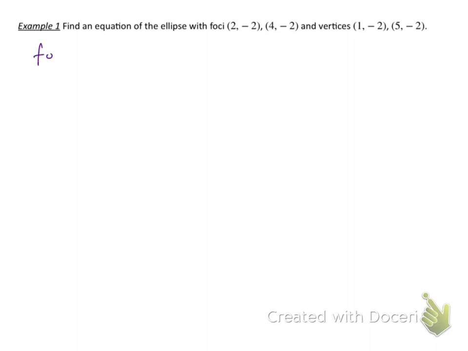With the foci (2, -2) and (4, -2), we already can find the center, which is at (2 plus 4) over 2, which is 3, and then -2 and -2, of course, is -2. By looking at the foci, we know that our center is at (3, -2).